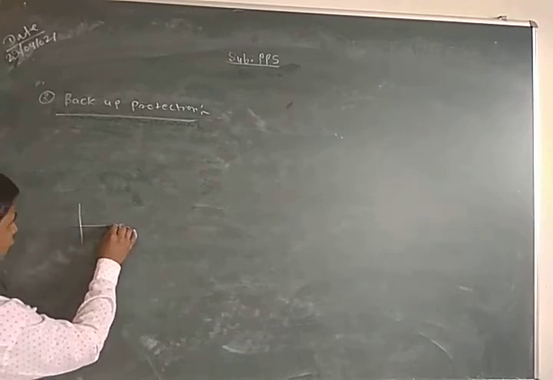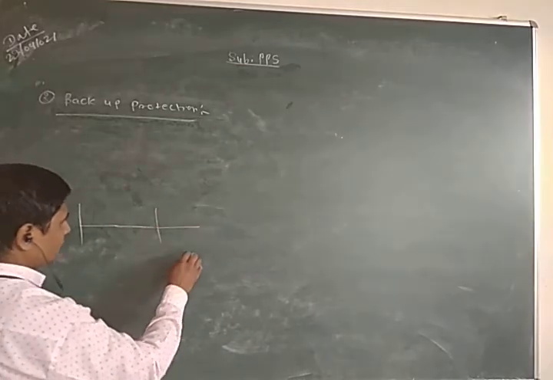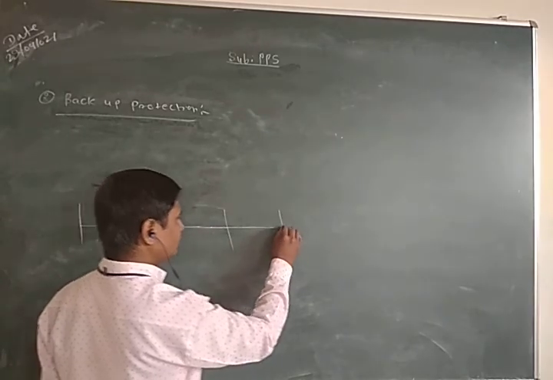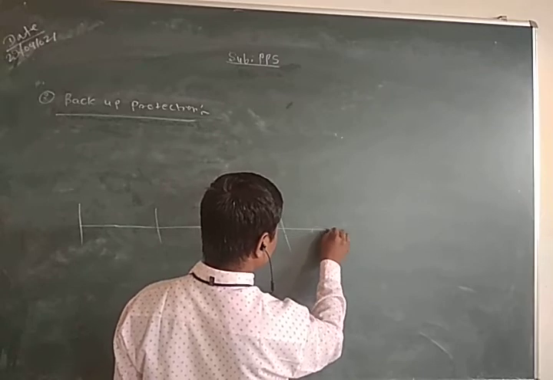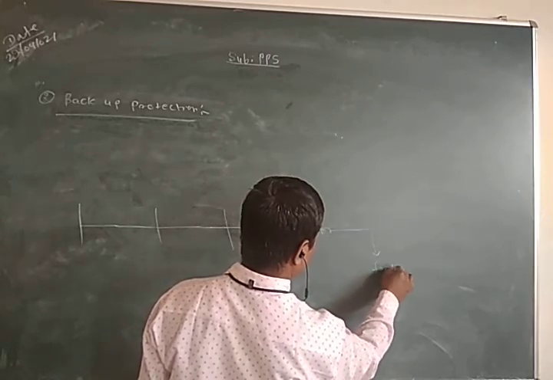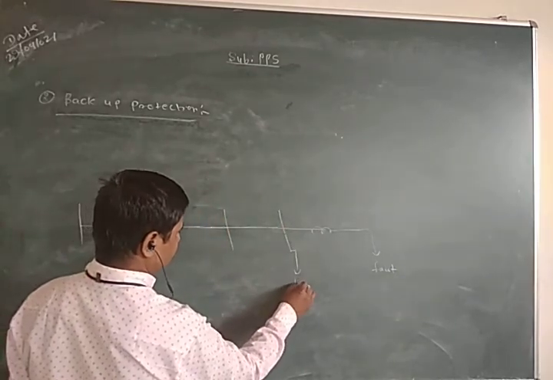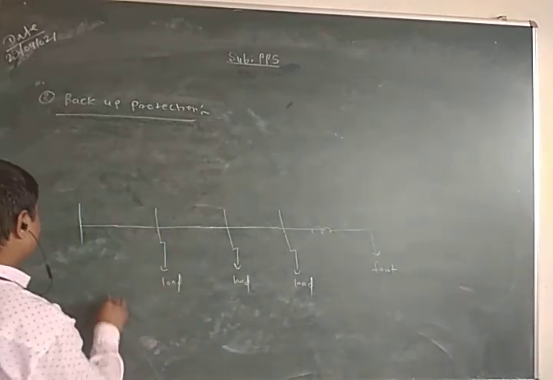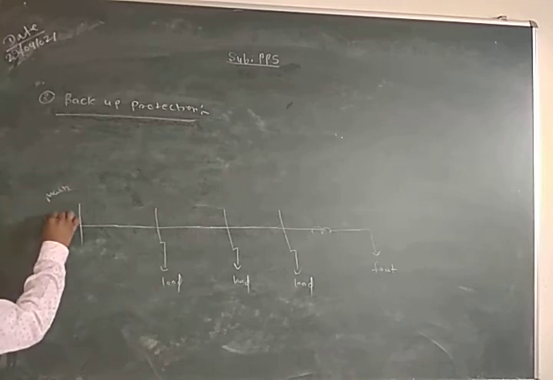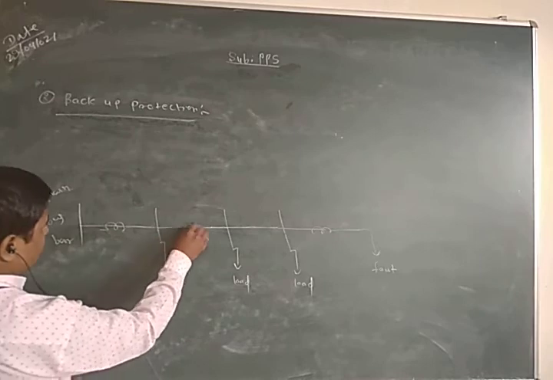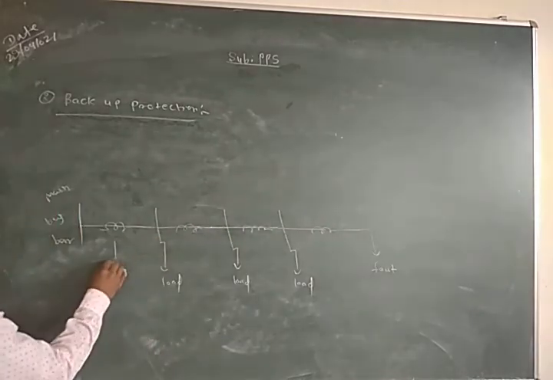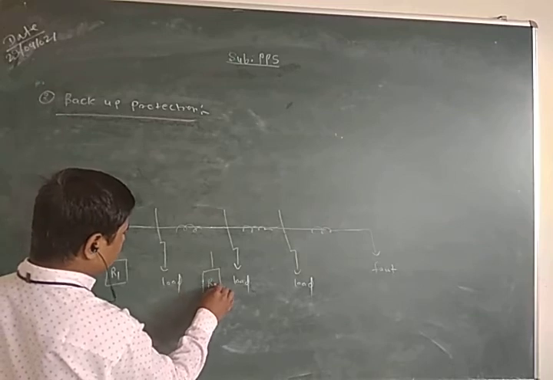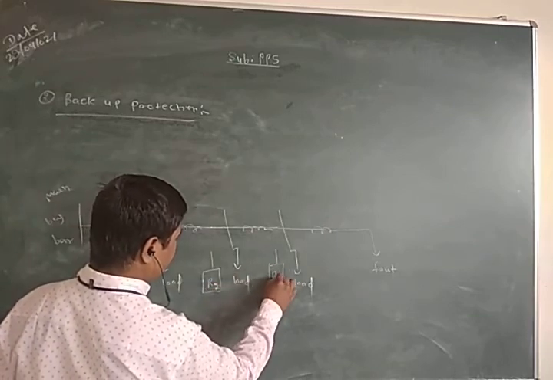There are several protective zones in our power system, and each zone consists of its circuit breaker, relay coil, fault, main bus bar, relay R1, relay R2, relay R3, and so on.